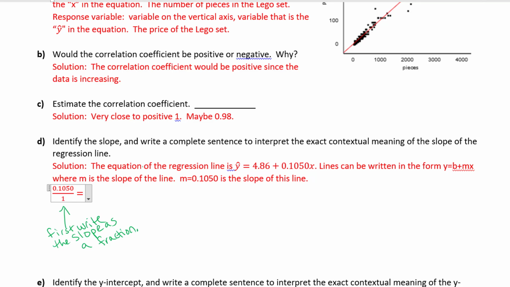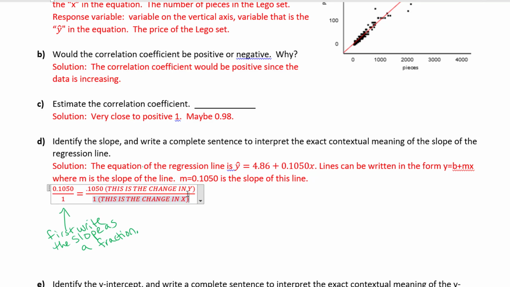The next step is you want to add units, contextual units, to the top and the bottom of your fraction. So how do we do that? Well, remember, slope is change in y over change in x. So I'm noting to myself in my fraction, the 0.1050 in the numerator is the change in y, and the 1 in the denominator is the change in x.